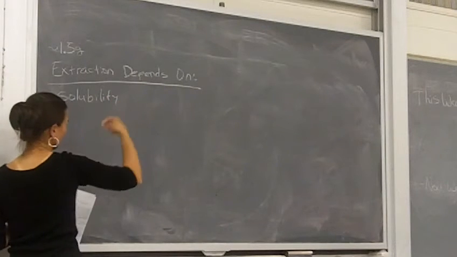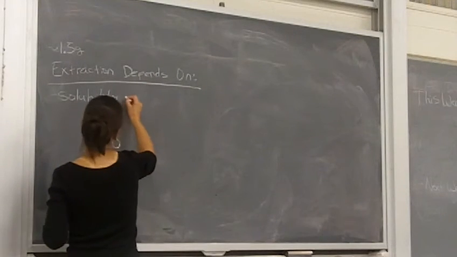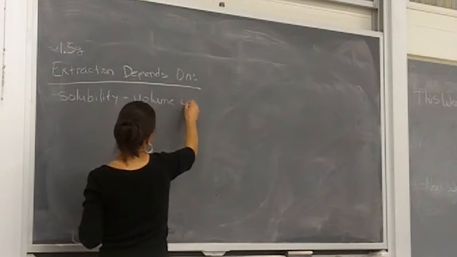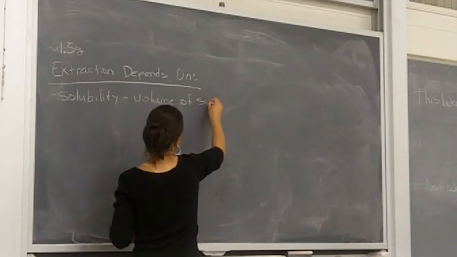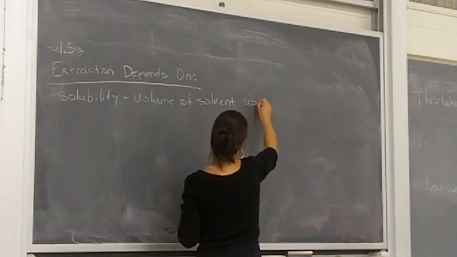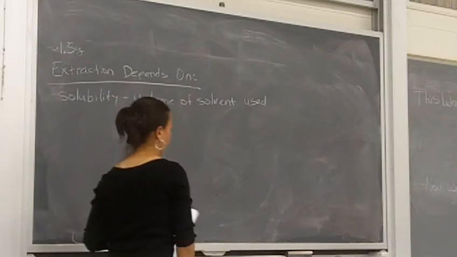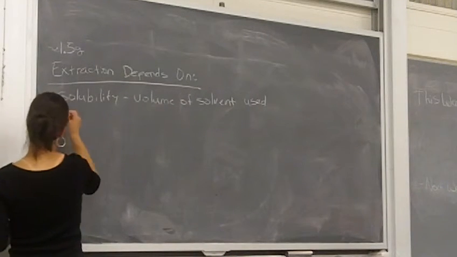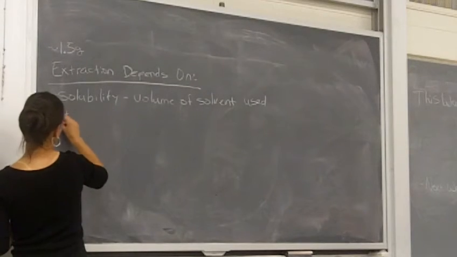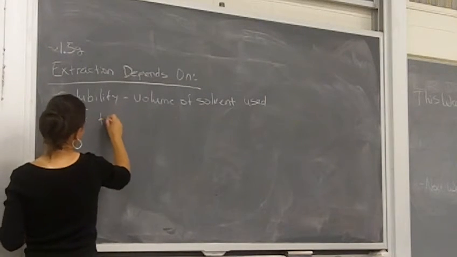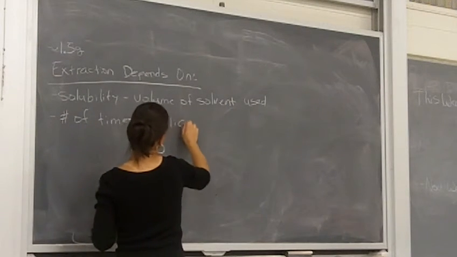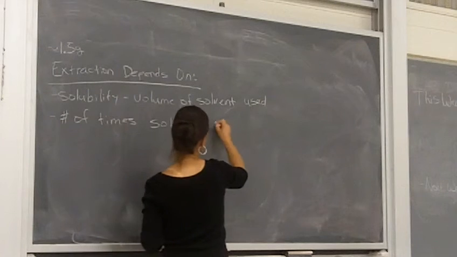Our trimeristin is really soluble in the ether, so that's good, but also with that solubility is the volume of solvent used, okay? Since it's really soluble, we're not going to have to go through tons of solvent, which is something that we want, all right? We're going to extract it multiple times, okay? So the number of times the solid is extracted is important, okay?